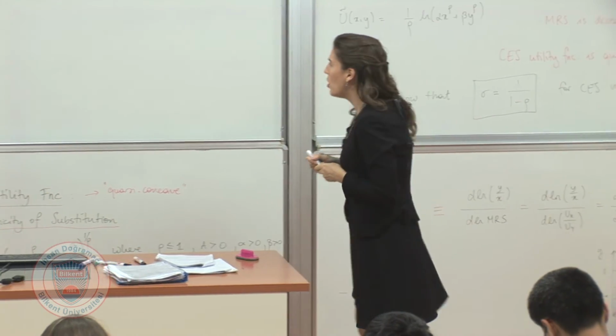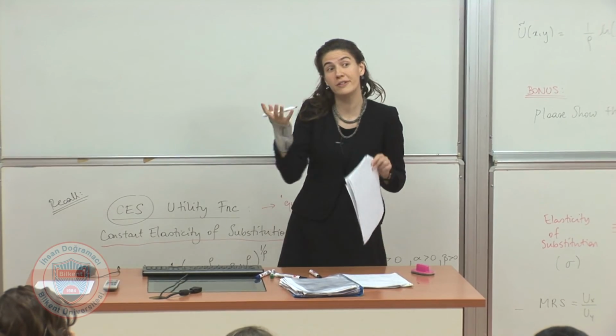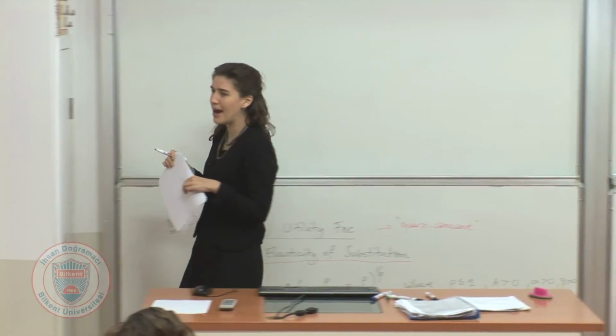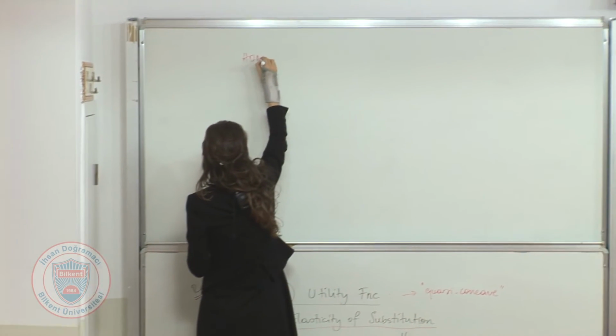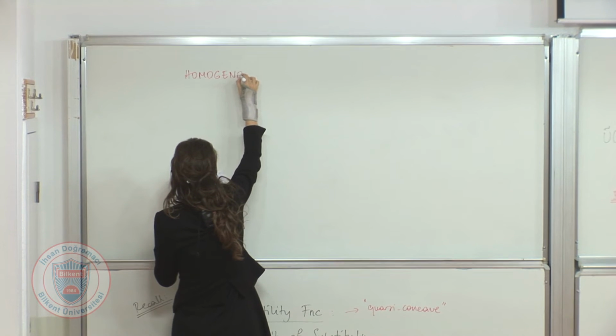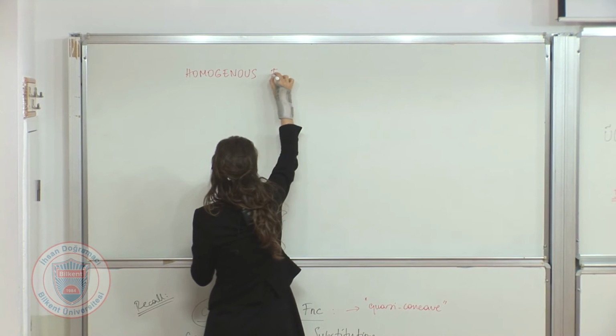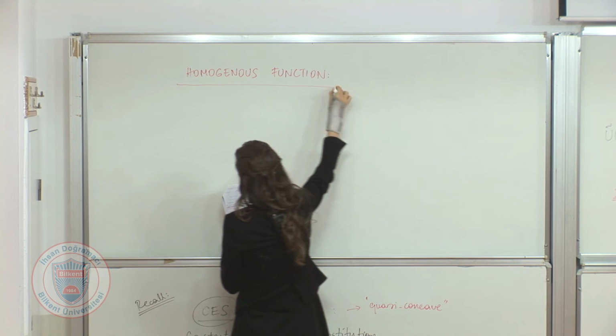So another property that your utility function might show is this. Let me write down the definition, and then we'll try to understand what it means.